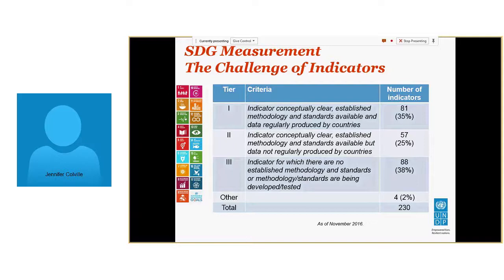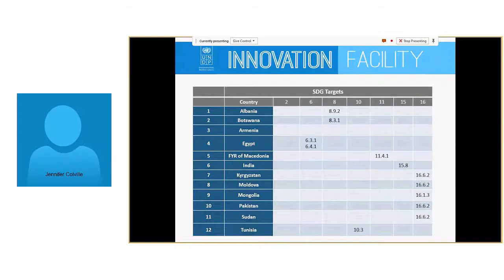And so we thought that this would be a great opportunity for different country offices around the world to identify different indicators and develop different innovation methodologies. So these are the different countries that are participating in the process. You can see the distribution of targets or indicators, and that there's kind of a preponderance around 16.6.2, particularly.